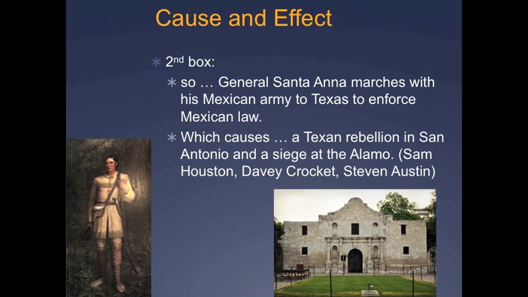Essentially, in the end, this would lead to a siege of the Alamo by the vastly superior Mexican army, as they attempted to remove and wipe out the Tejanos, or the Texan independence seekers.